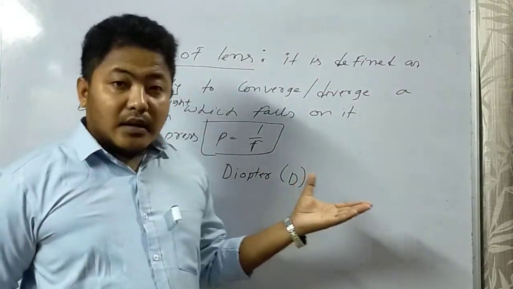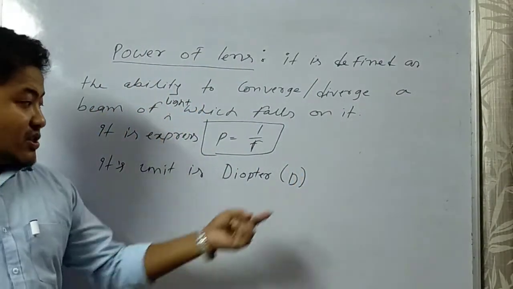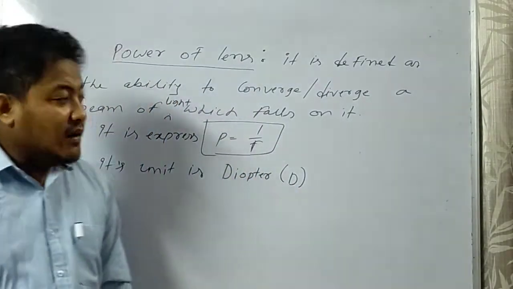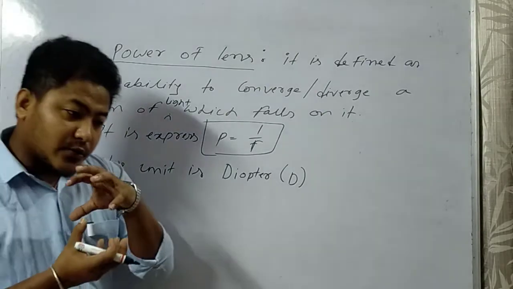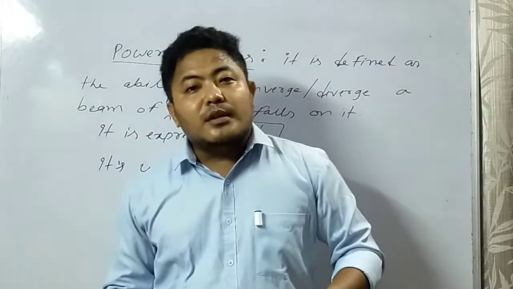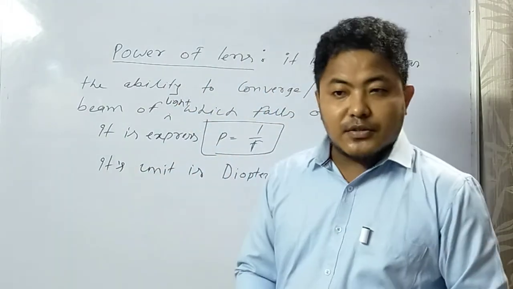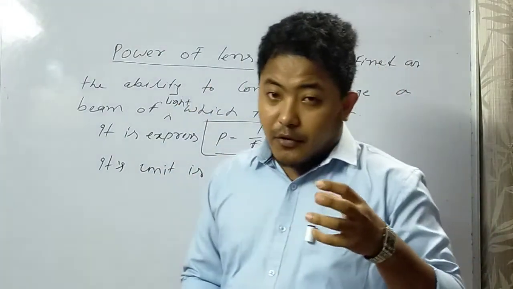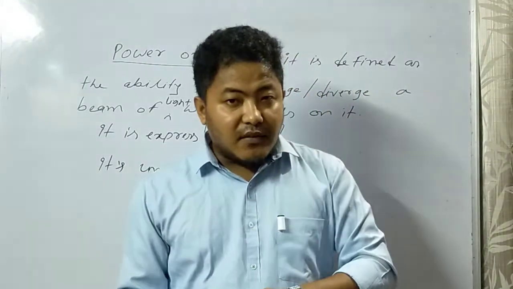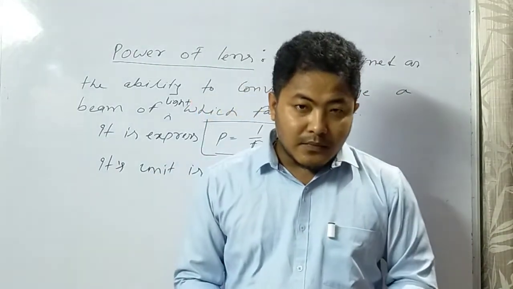The unit of power of a lens is diopter, which will be expressed as D. Am I clear? Now, as I told you, what will be the power in case of convex lens and concave lens? In case of convex lens, the power will be positive, and in case of concave lens, this will be negative. How is this shown?